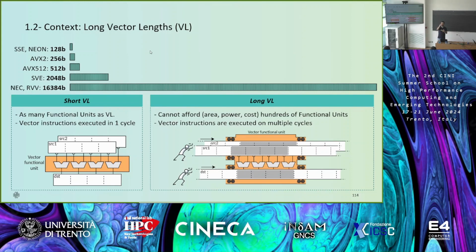At some point in your binary, you take a kernel and offload it to the GPU because you know you have a lot of work to do. You send it to the GPU, you operate on it there, and you come back. To do that, you have a lot of overhead: you have to send the data there, operate on it there, bring it back, and so on, right? This way is a little bit similar, but staying in the same chip, in the same instruction set, in the same memory space.